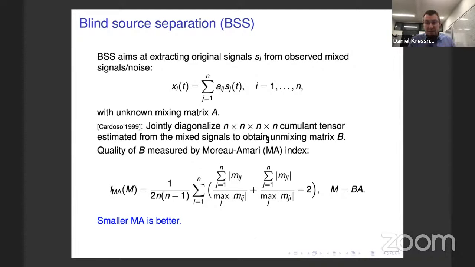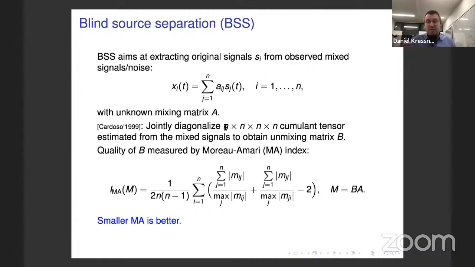There are many different methods of estimating such an unmixing matrix. One method, proposed in 1999, is to look at an estimator for the cumulant tensor for the signals. This is a 4th order tensor, and then you look at slices, and maybe you have to do some whitening of the signals before.